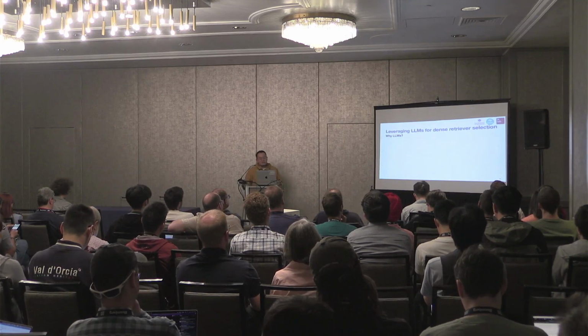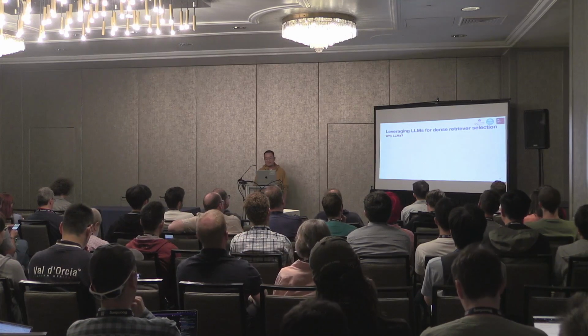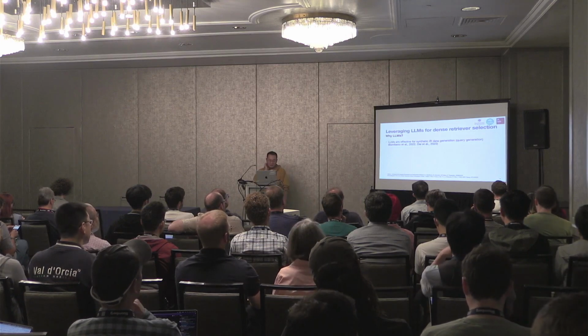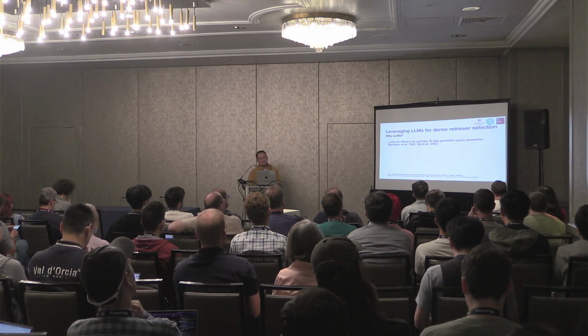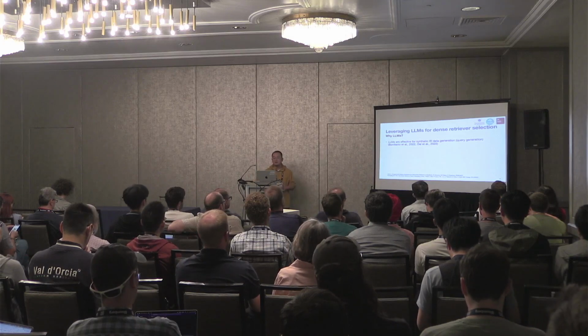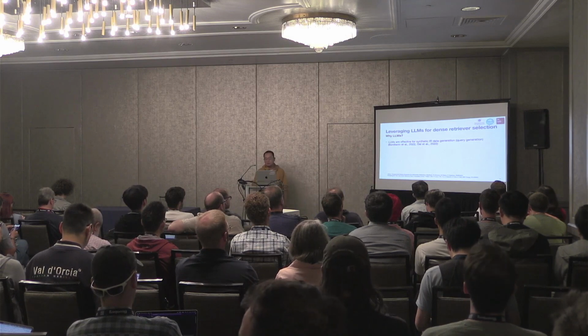How did we do this? We extensively leverage LLMs, surprise, for this task. But why large language models? A bunch of works have shown that LLMs are good at synthetic data generation for information retrieval, and people are actually using this synthetic data to train dense retrievers.